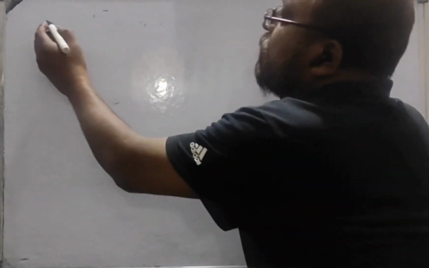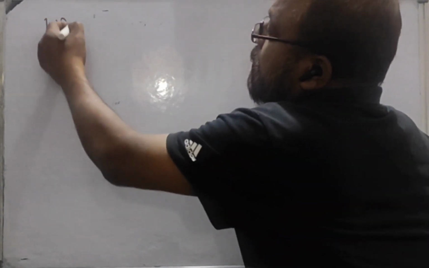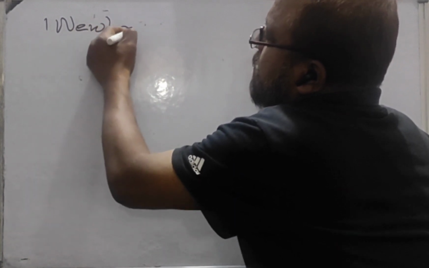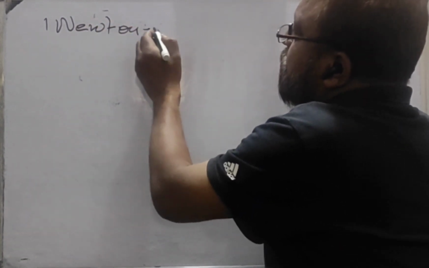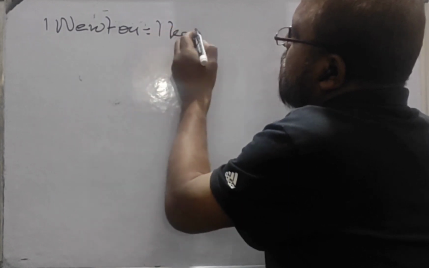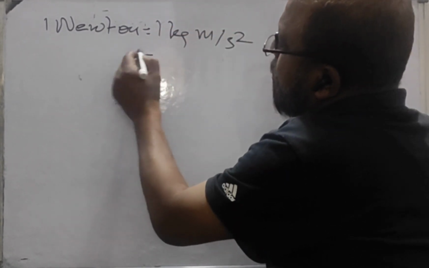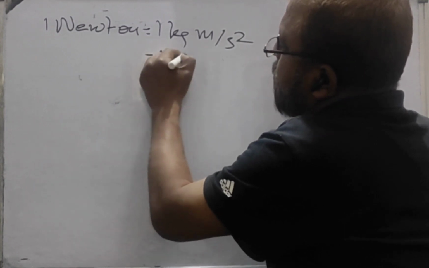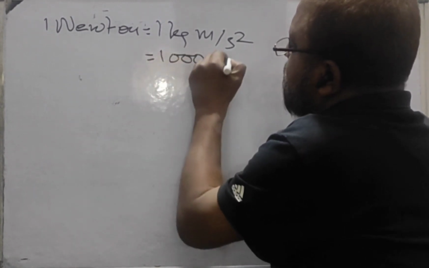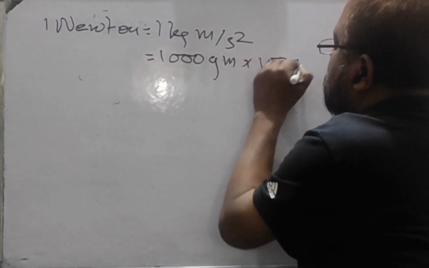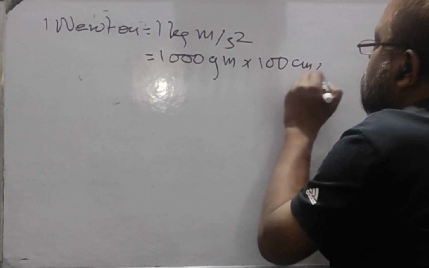It is very elementary. As I told you, 1 Newton is equal to 1 kilogram meter per second square, and 1 kilogram is 1000 gram, and 1 meter is 100 centimeter per second square.